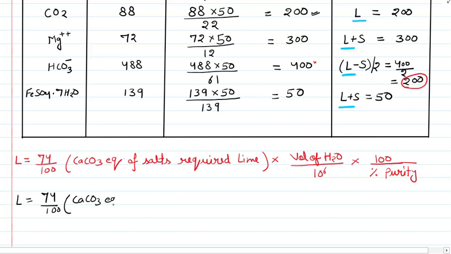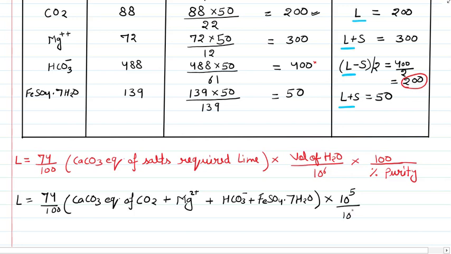Calcium carbonate equivalent of, first is carbon dioxide, CO2 plus Mg2+, which is magnesium ion, plus bicarbonate HCO3 minus plus FeSO4.7H2O. Now the volume of water given is 10 raised to the power 5 divided by 10 raised to the power 6 into 100 upon, we will consider percent purity as 100.